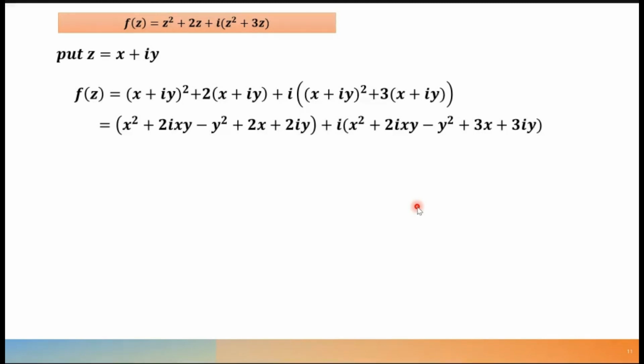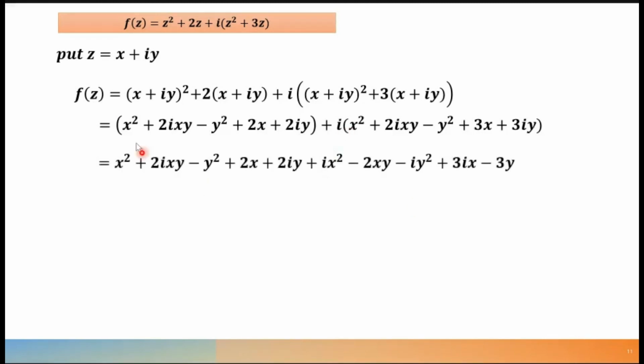Let's see. So if I take i inside, I will get x square, 2ixy, minus y square, 2x, 2iy, i x square. i into i is i square, which is minus 1, 2xi. Minus i into 1 is minus i y square, 3ix, again minus 3y.